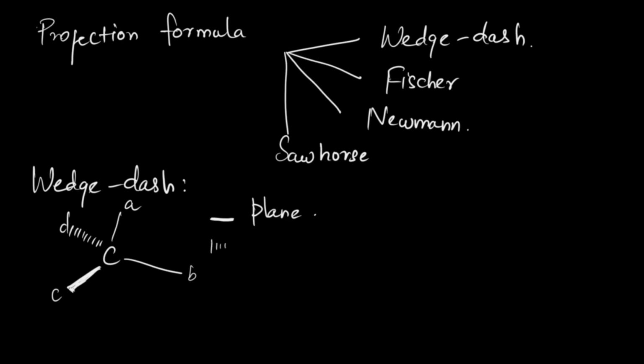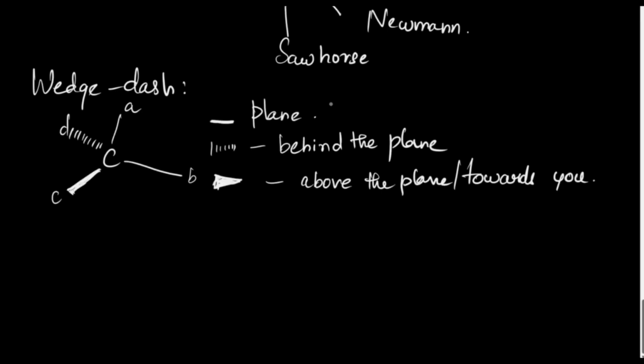If that is denoted by dotted lines, then that is behind the plane or far from you. Behind the plane. If that is mentioned as a solid wedge, the former one is a dashed wedge, this is a solid wedge, then that is above the plane, it's towards you. That is wedge dash.